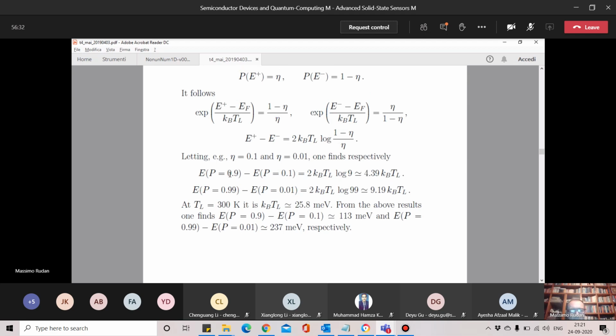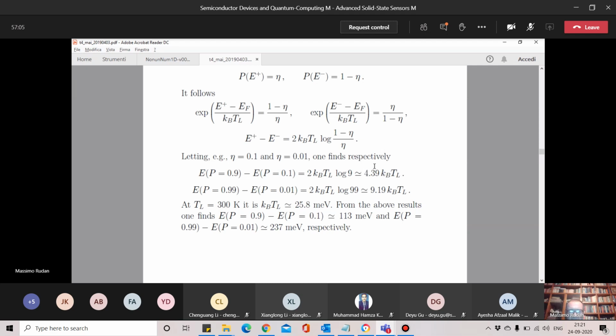If you want to calculate how much energy is necessary to go from 0.9, not 1, reaching 1 is impossible because you should go to minus infinity, from 0.9 to 0.1, it takes about 4 times kT.